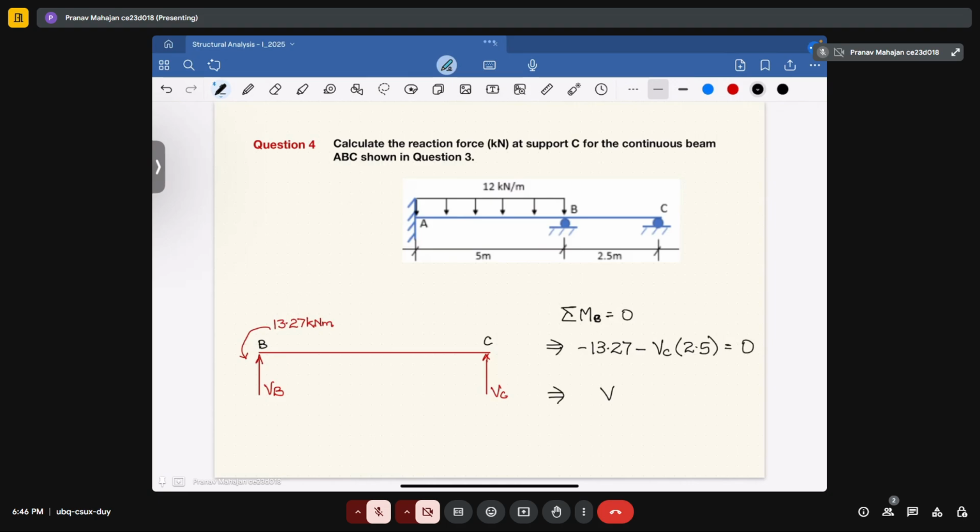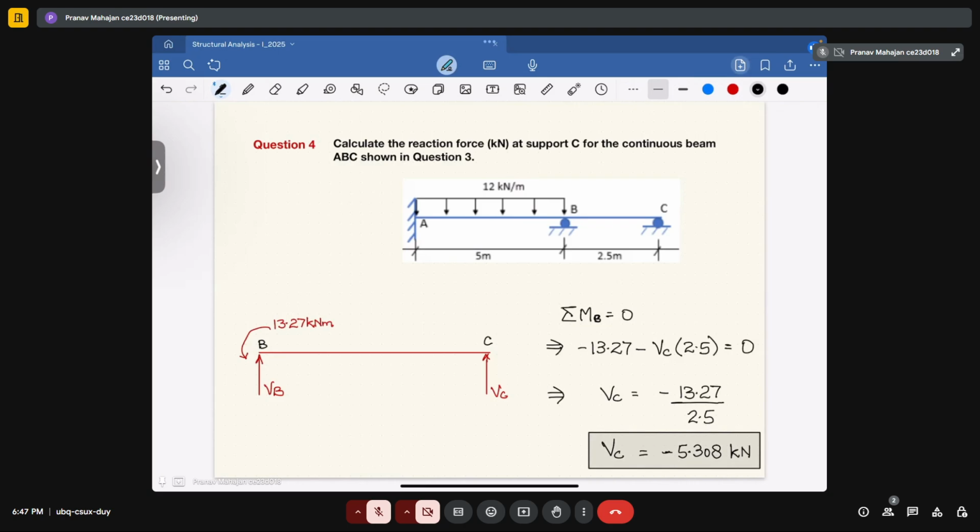From this, you will get the value of VC as minus 13.27 divided by 2.5, and that will come out as minus 5.308. Okay, so this is your reaction force at C.